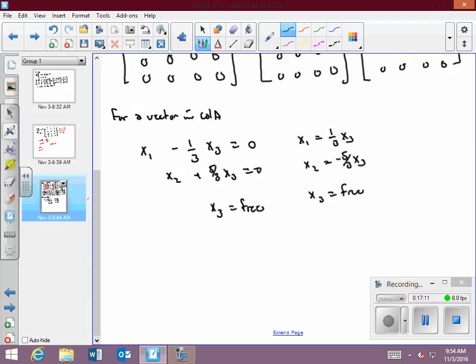So if I do any vector x1, x2, x3 that's in the null space, then I pick x3 to be whatever I want. Then I'm going to insert here minus 5/3 of x3 and 1/3 of x3. Well, what is the most convenient thing to pick for x3? 3.